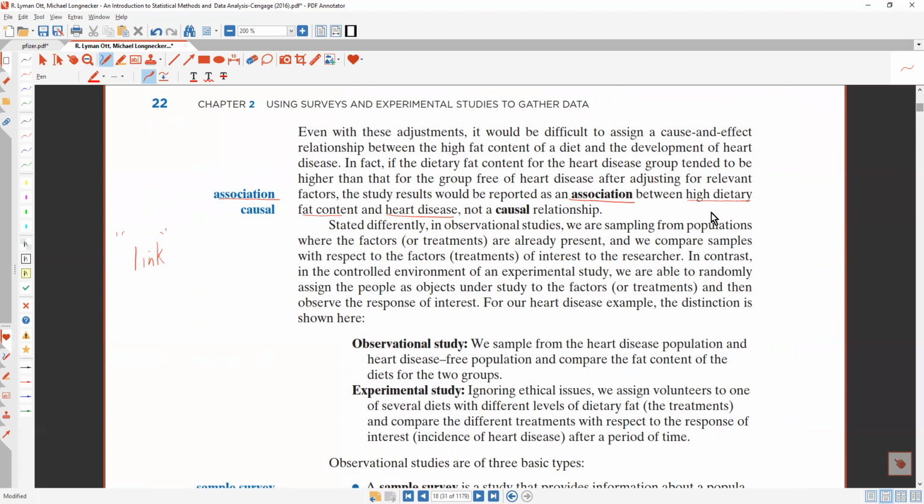How often have we heard things like that? They are very, very careful in the way they use the words here. They cannot say that high dietary fat content necessarily causes heart disease, because as mentioned, getting to causation is really, really hard on a methodological level. So oftentimes it's an association or a linkage or some kind of word like that that best describes the scientific result.